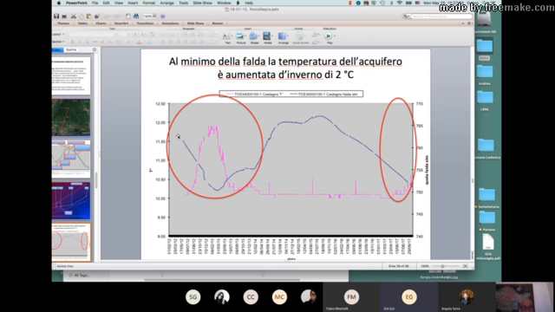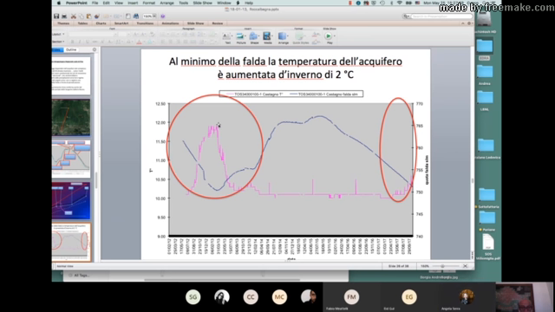Now, whenever the water table goes down about 757 meters above sea level, then the temperature on the left-hand side, the pink line, just goes up. Can you see it?